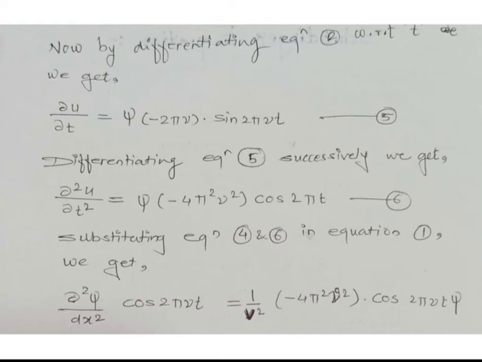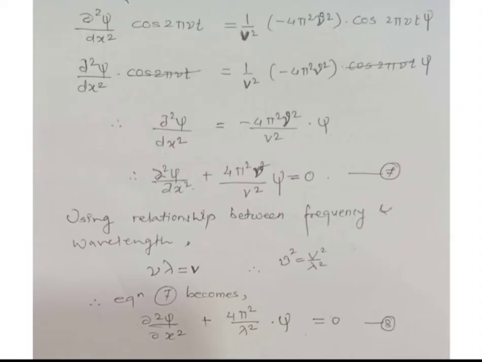By combining equation number 4 and equation number 6, when these two equations are put in equation 1, we get equation number 7. Now just cancel the similar part. On the left side cos 2 pi nu t is there, and obviously on the right side cos 2 pi nu t is there, so these two terms will get cancelled.